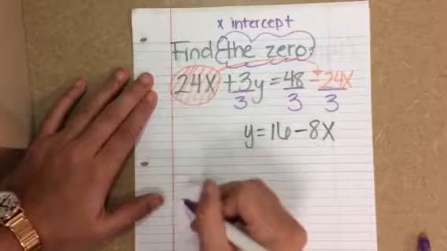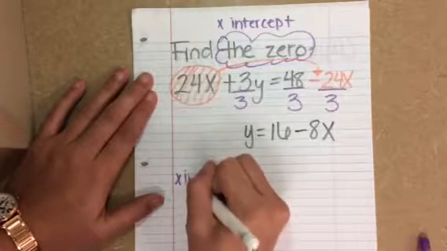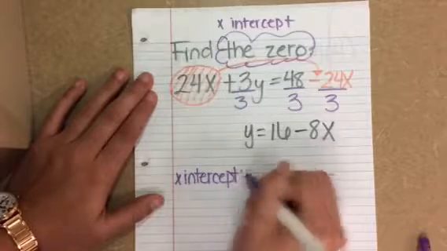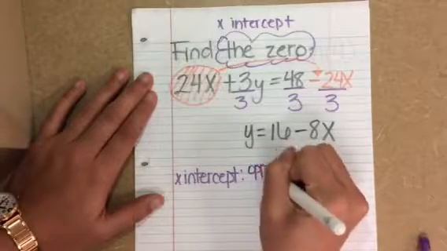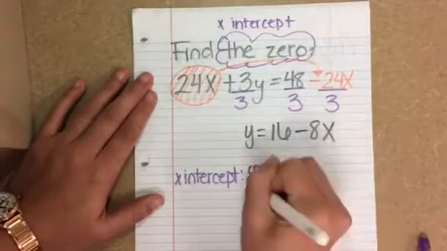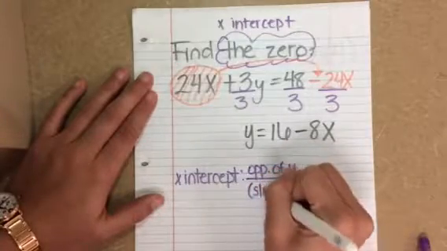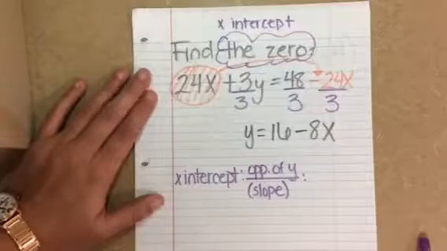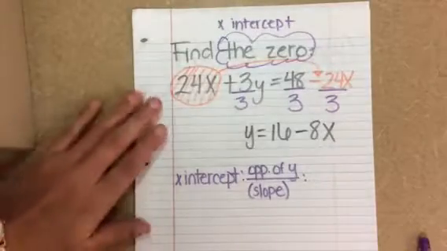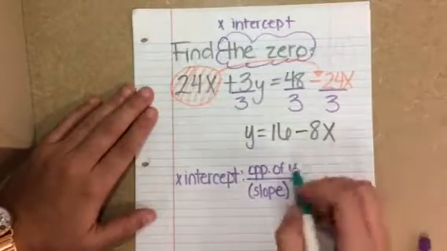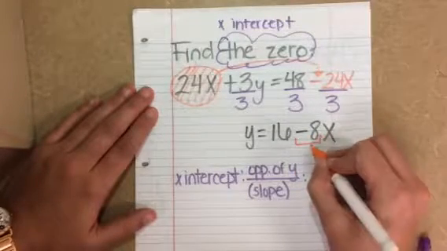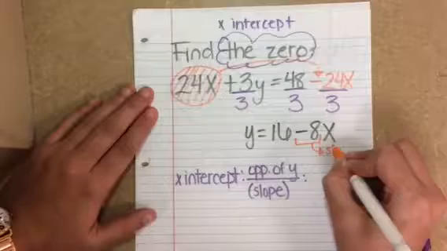Once again, to get that x-intercept, you're going to do the opposite of y divided by the slope. So it's just identifying who is who. The one with the x, that is your slope. This -8 has the x, so that's my slope.